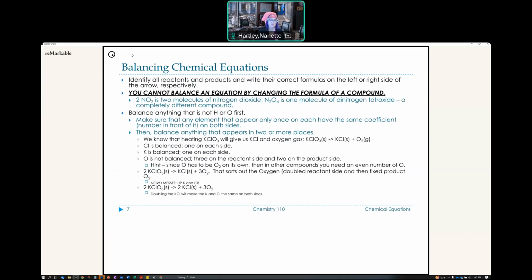Right? So one example of this, I know that I have an equation where heating KClO3 will break down to give me KCl solid and O2 gas. That's a reaction that happens. And so if I look at that reaction, KClO3 solid gives me KCl solid plus O2 gas.